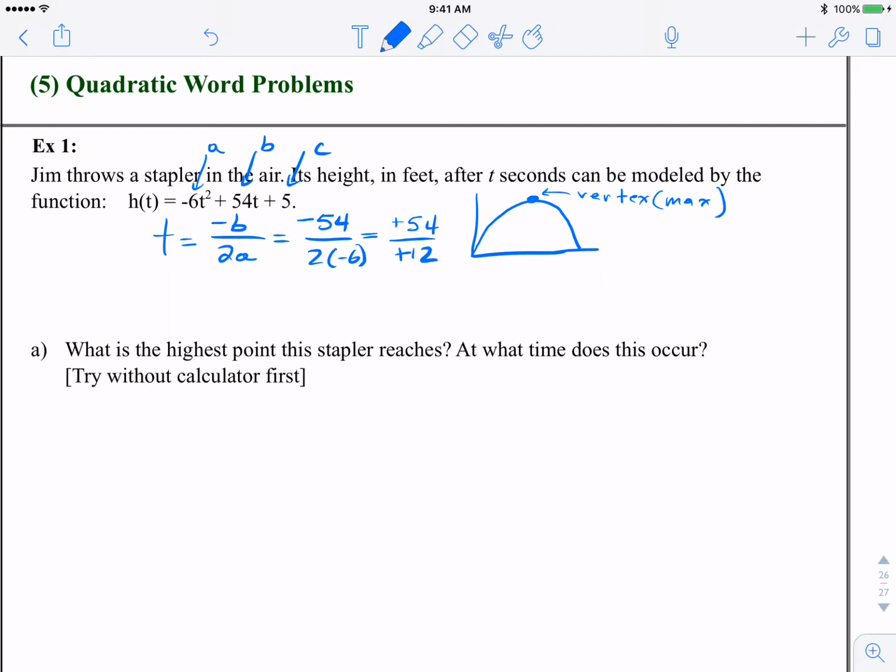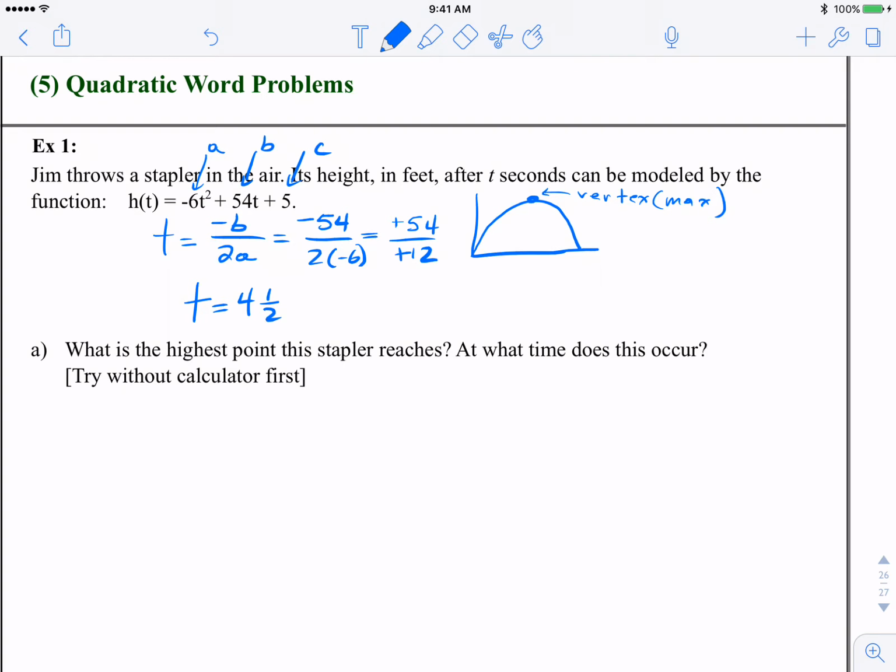Obviously, the negatives are going to cancel out. It wouldn't make much sense to get a negative time value. And 54 divided by 12, you could double check on your calculator, should be 4.5. So what does that represent so far? The maximum height of this stapler occurs after 4.5 seconds. So we've answered part 2 here.